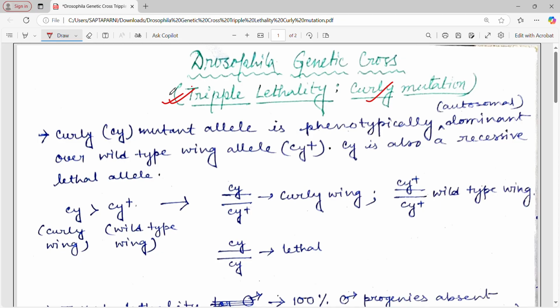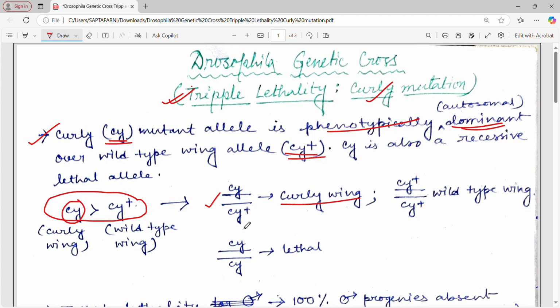First of all, what is Curly mutation? See here, the Curly mutant allele, denoted as Cy, is phenotypically dominant over the wild type wing allele, denoted as Cy plus. The allele which is dominant shows its phenotype in both homozygous and heterozygous condition. Similarly, you can see here that in heterozygous condition Cy/Cy plus shows the Curly wing phenotype in Drosophila.